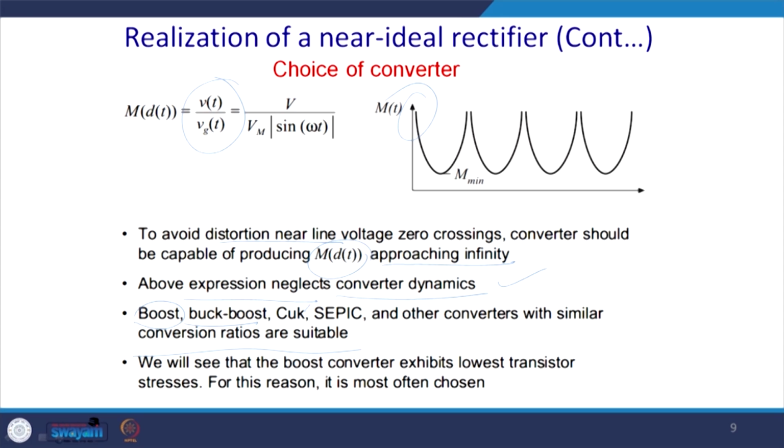We will see that in the next slide, that the boost converter exhibits the lowest transistor stresses, and that is preferred. For this reason it is most chosen, but it is not that it is not possible to introduce this way of operation so that your power factor gets corrected for buck boost or the Cuk converter.